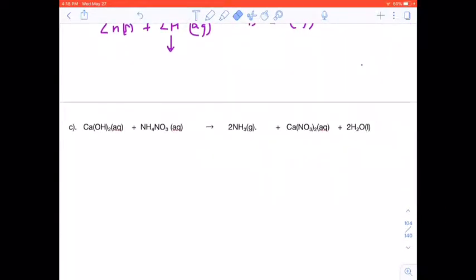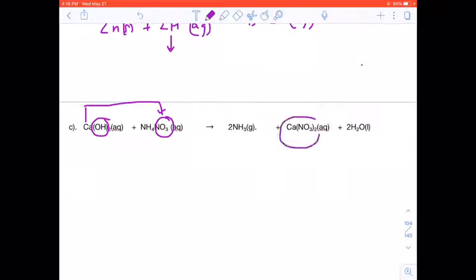Let's look at the next one. Here we now have calcium hydroxide and ammonium nitrate. If you look at this, you'll see you've got calcium with the hydroxide, and this one has a nitrate. So calcium changes its partner and has nitrate.